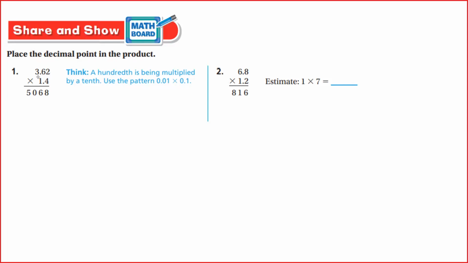Yes, Maryam. 3.62. How many digits after the decimal point, 1 or 2? 2. So for 1.4, how many digits? 1 digit. Bravo. Then how many digits in all?